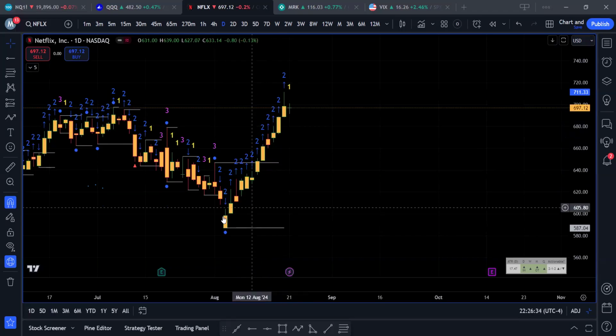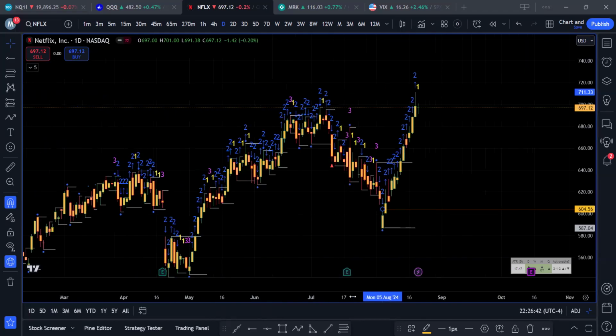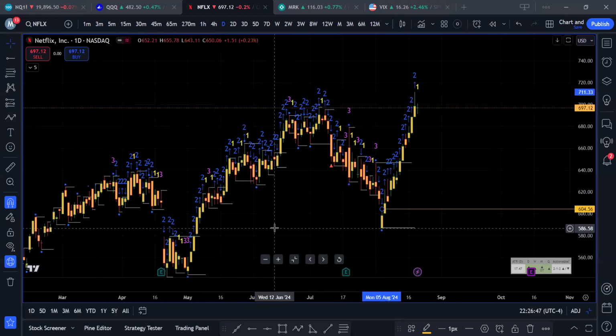If y'all remember correctly, I said months ago, when we get to the hard part, which this is the hard part of the market, it is going to really test your fortitude and make you more or less decide how bad you really want this.